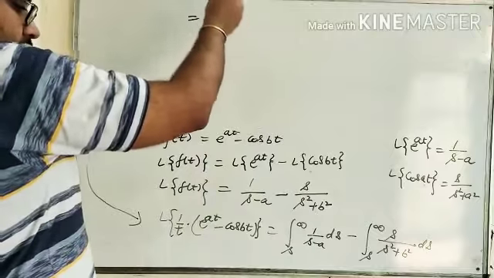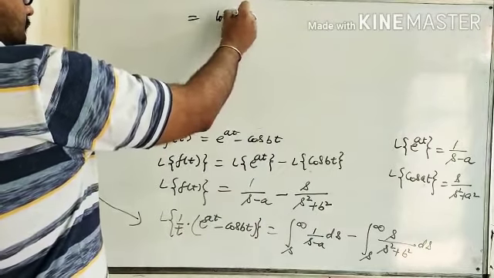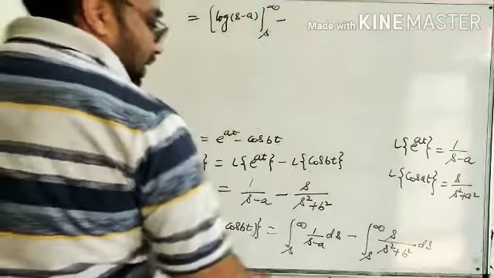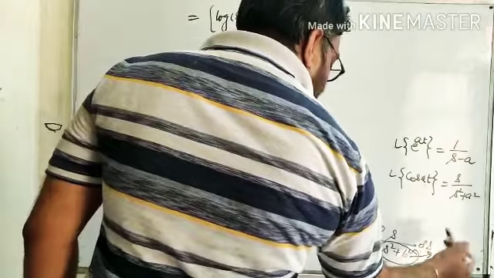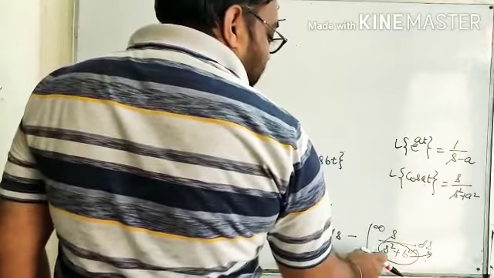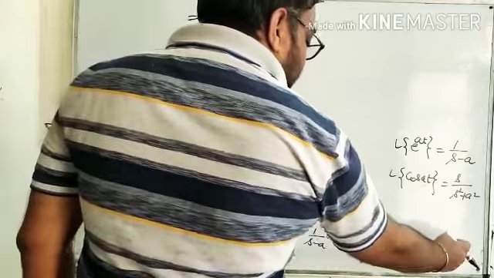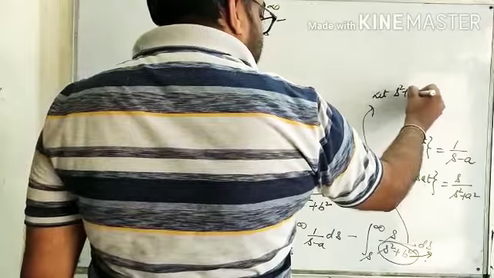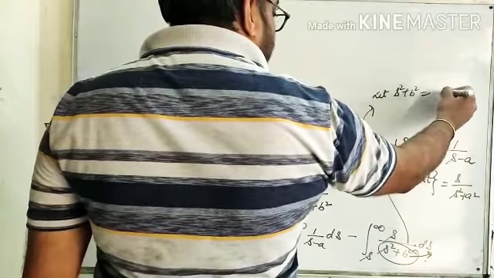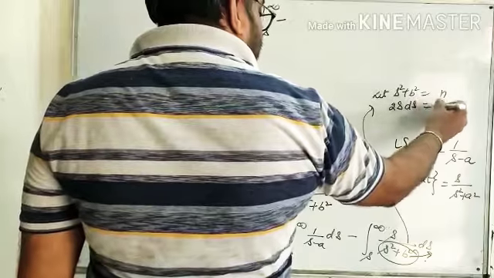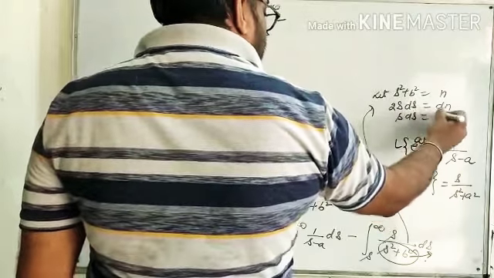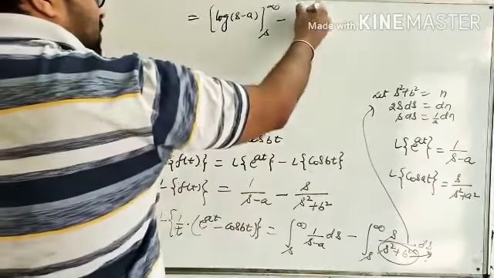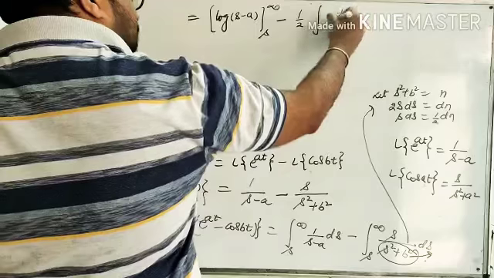So, this is equal to log of s minus a, limit s to infinity, minus, in this particular case, if we let s square plus b square equal to n, then 2s ds equals dn. That is, s ds equals 1 upon 2 dn. So, this will convert into 1 upon 2 integral dn upon n.